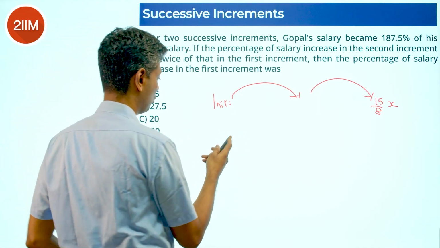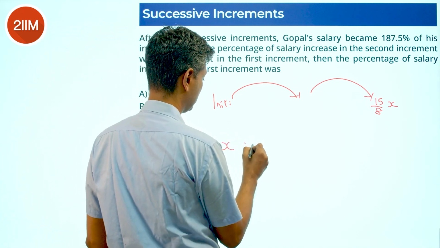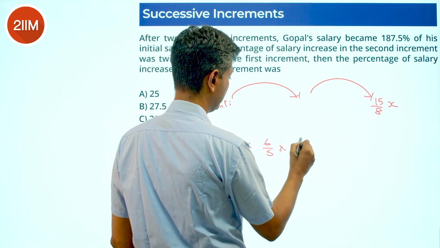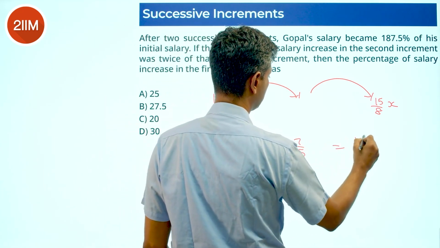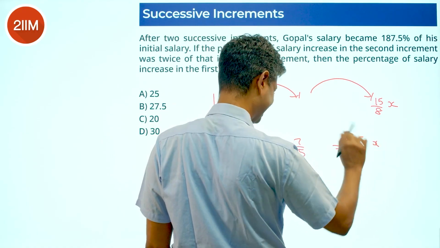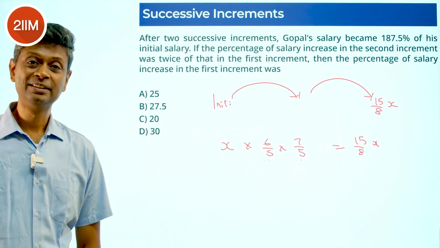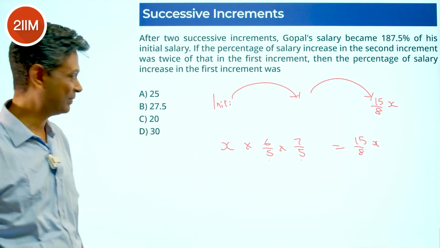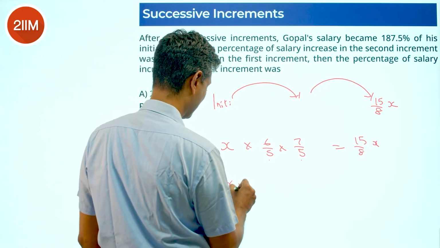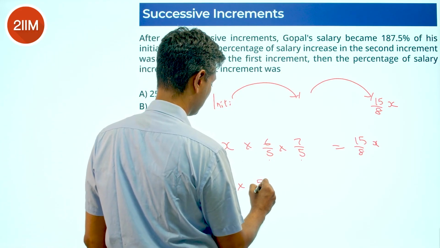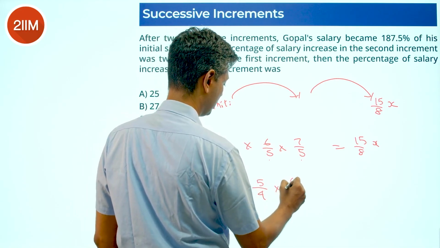And so whatever this x into 6 by 5 into 7 by 5, is it 15 by 8 of x? No. So by 8 there. So I'm looking for some by 4 somewhere. So x into 5 by 4 into 6 by 4.